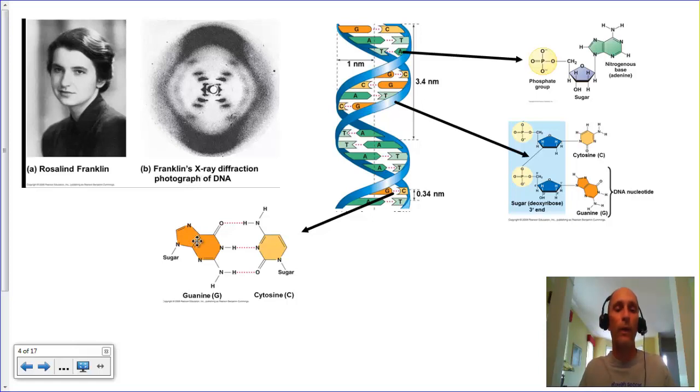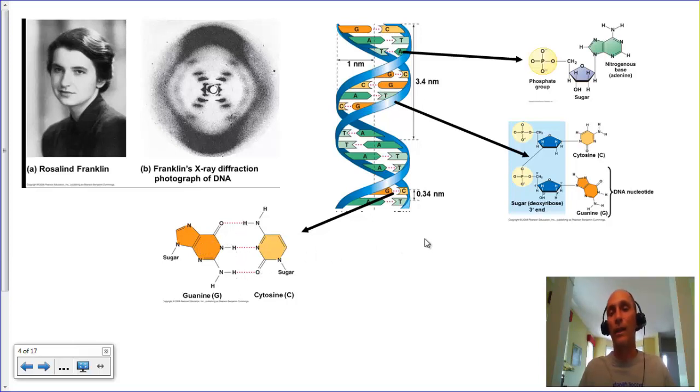Along with the other basic information that they had, they were able to put C and G together, and also A and T together. So they knew that DNA was a polynucleotide, that A's and T's equaled each other, C's and G's equaled each other, and that C's and G's actually had 3 places where a hydrogen bond could form.